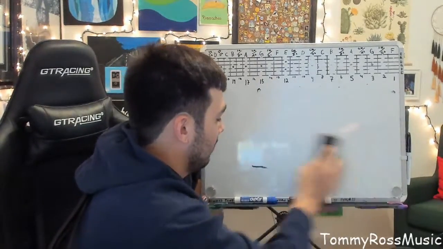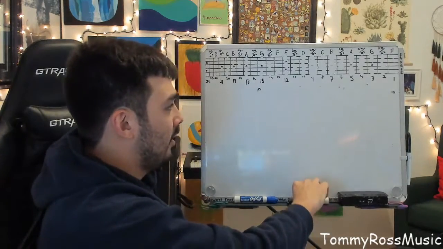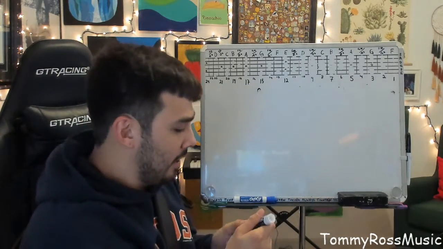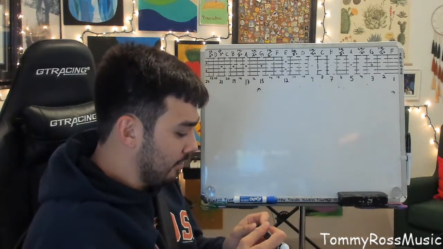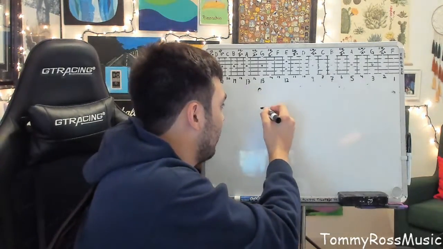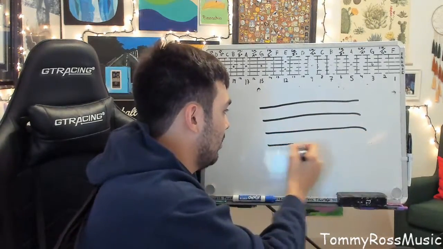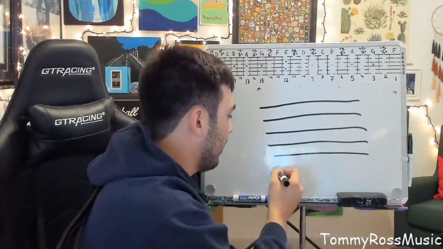But we have to understand the minor upper extensions, as well as the major upper extensions or extended harmonies. So let's draw out the natural minor scale.